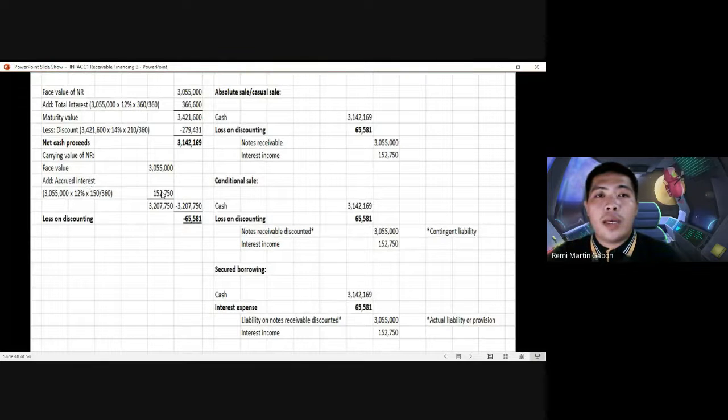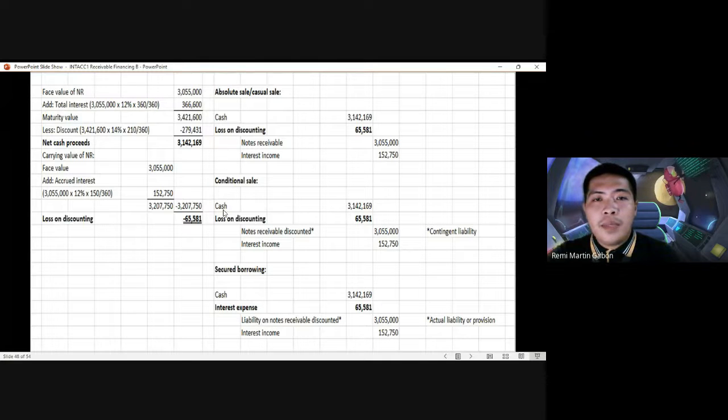That's why we credit directly to interest income. Okay? Credit interest income of 152,750. The same amounts and almost the same accounts that we're going to use under conditional sale.